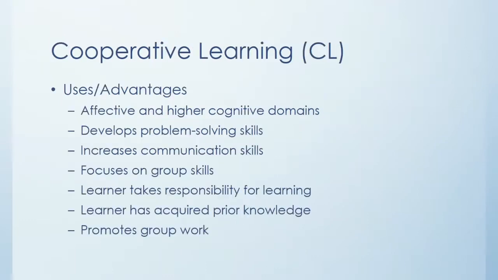All right, our next learning activity is cooperative learning. It's useful for affective and higher cognitive domain objectives. It helps develop problem-solving skills. It increases communication skills because you're working with a group, and it also focuses on group skills. In this, the learner takes responsibility for the learning. The learner has some prior knowledge of the topic, but they need to acquire more knowledge, and it's their responsibility to find that new knowledge, and it helps promote group work.